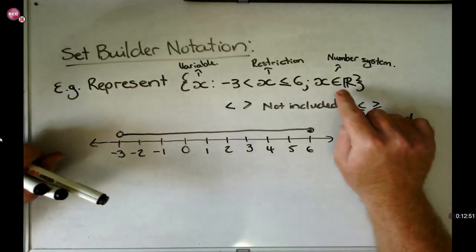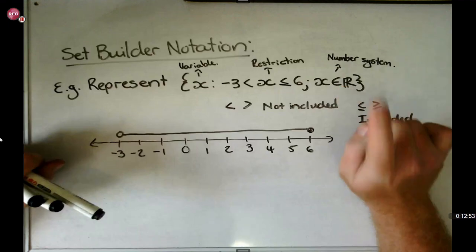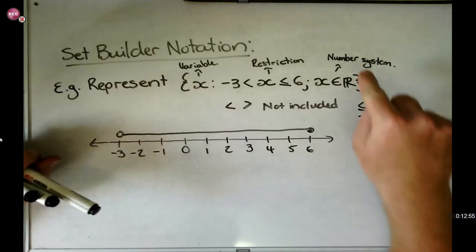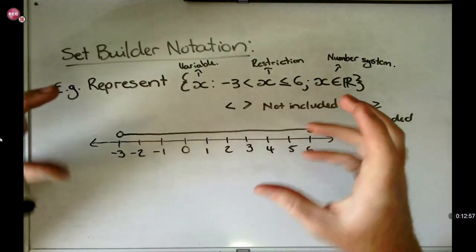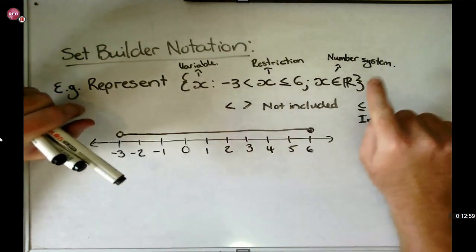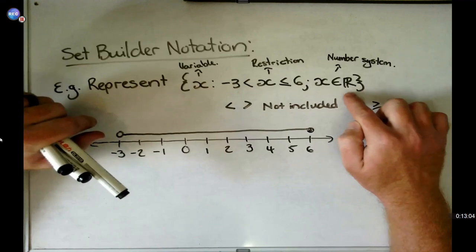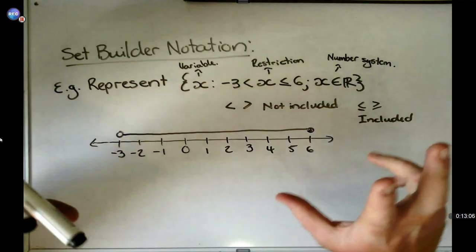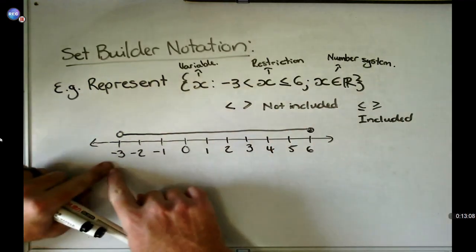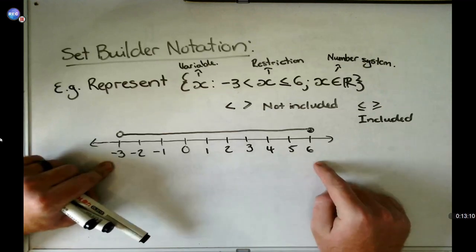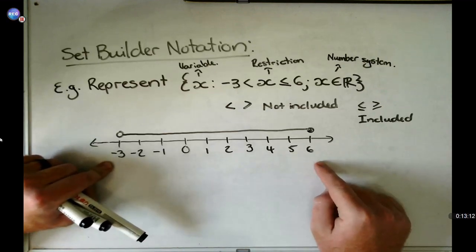Now, what does the third part mean over here? It means that when you look at your real number system that I explained to you yesterday, you would know that real numbers are represented by an R. So you are working with the real number system. All these numbers over here fall in the real number system.